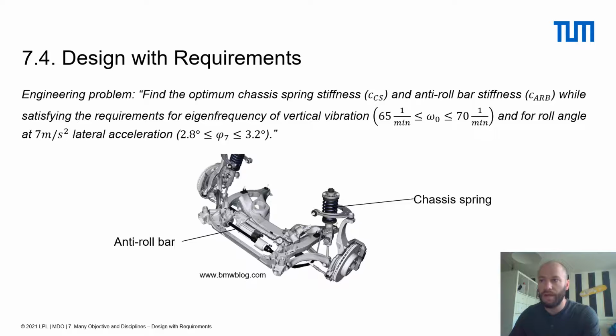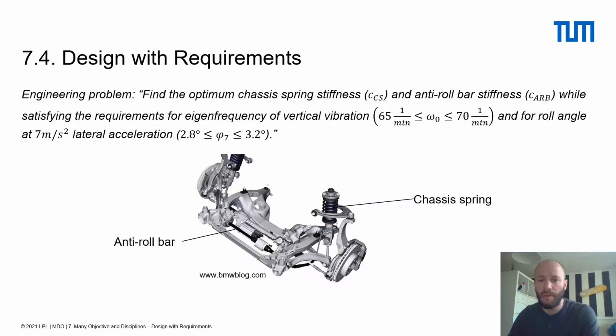Lastly, we have another problem of the automotive industry. Here we are supposed to find the optimum of a chassis spring stiffness and anti-roll stiffness while satisfying, and now it's not an "X is better" design but requirement-based.